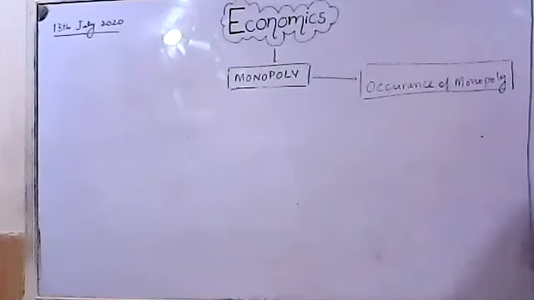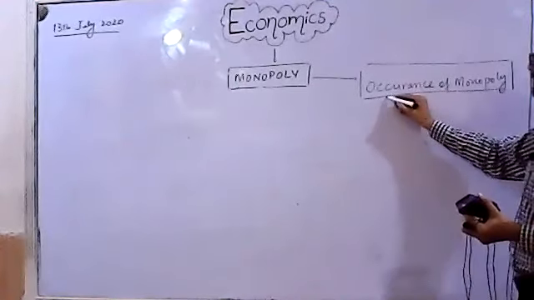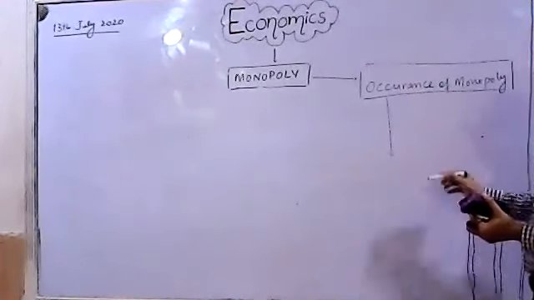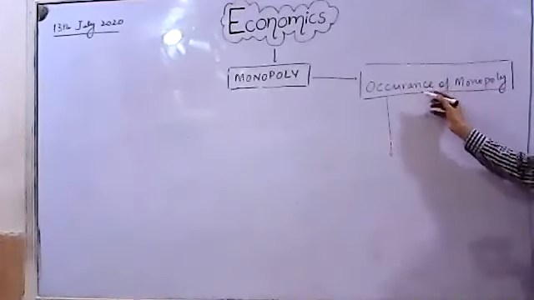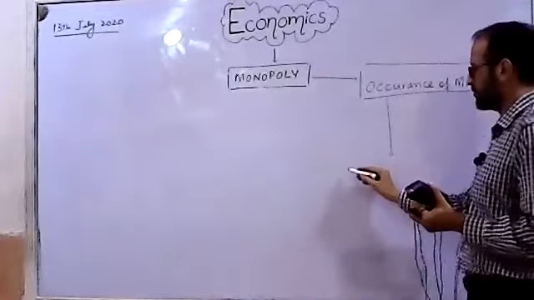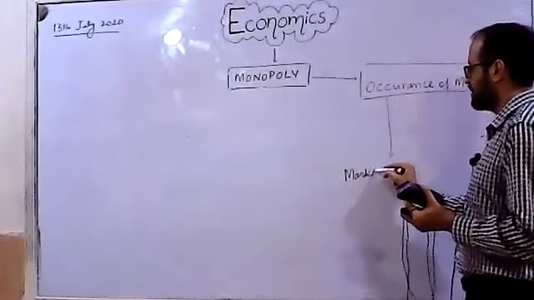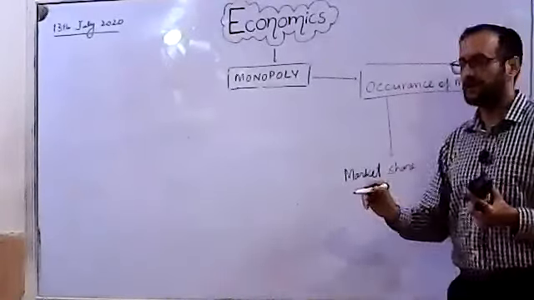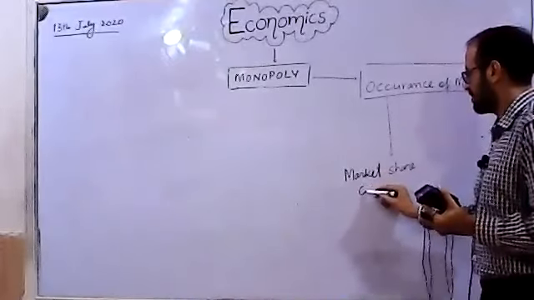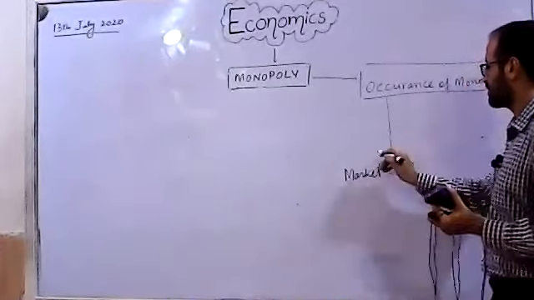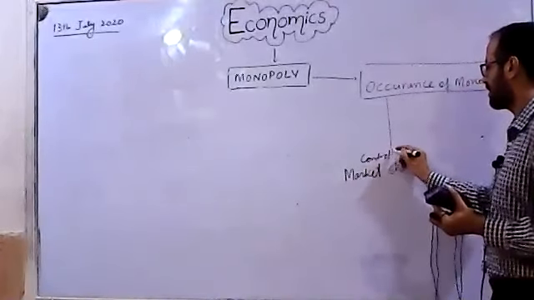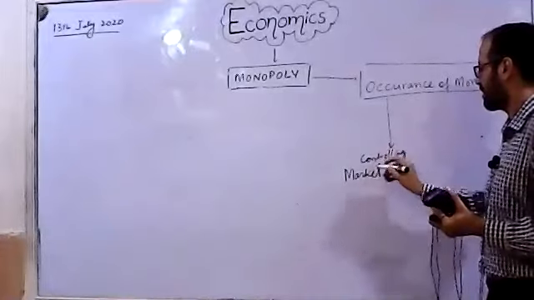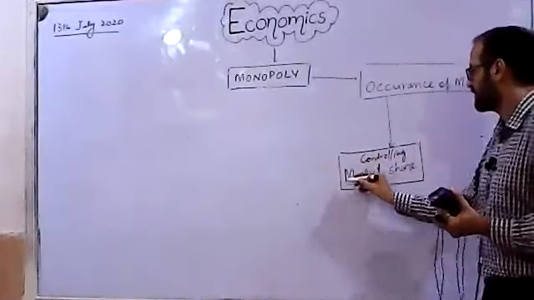Now this is something interesting: how a monopoly occurs, or how a monopoly will exist. For that, we need to find out one thing. A firm occurs as a monopolist only because it is controlling a greater market share.